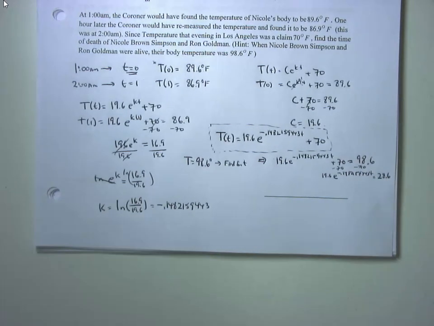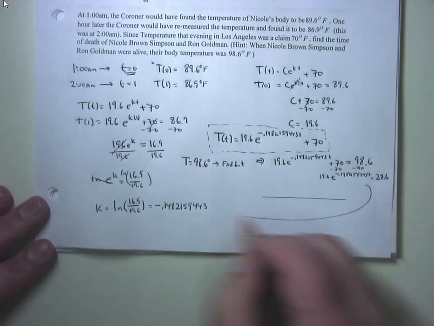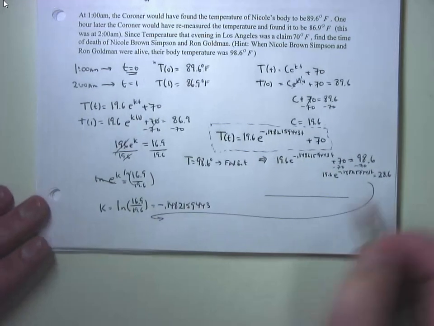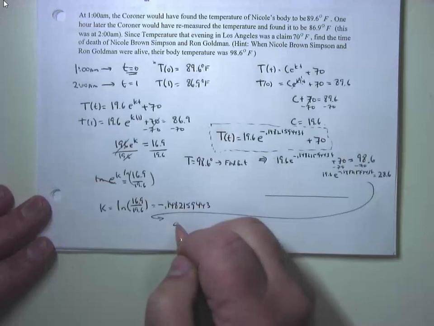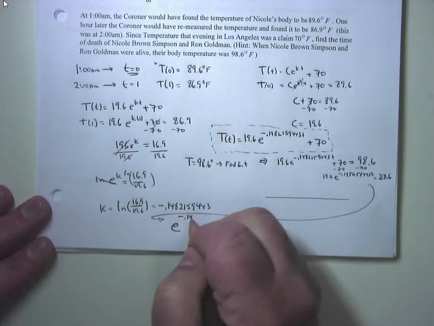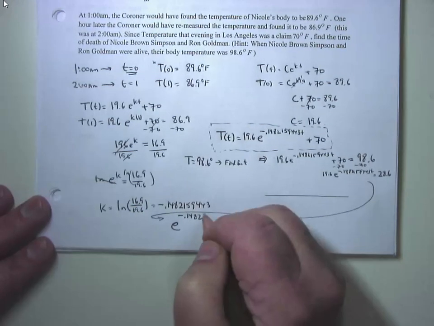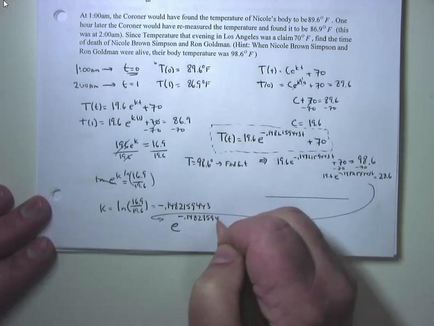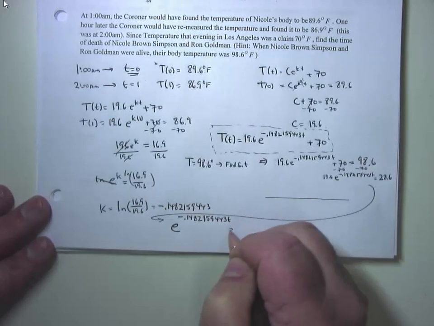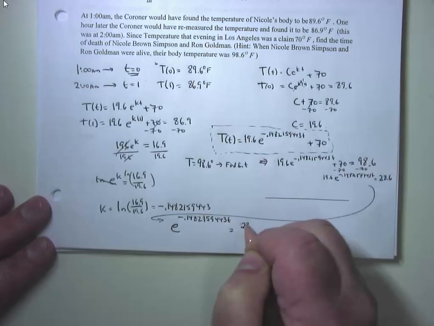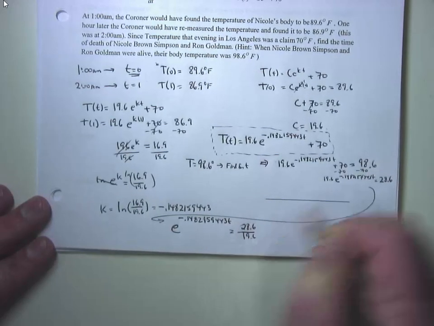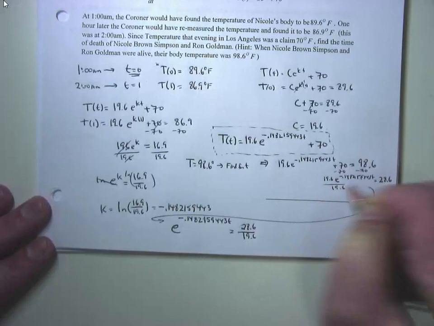Now what am I going to do? I'm going to move down here so I actually have more room. I'm going to divide by 19.6. That gives me e to the negative 0.1482159443 t is equal to 28.6 divided by 19.6. I divided both sides by 19.6.